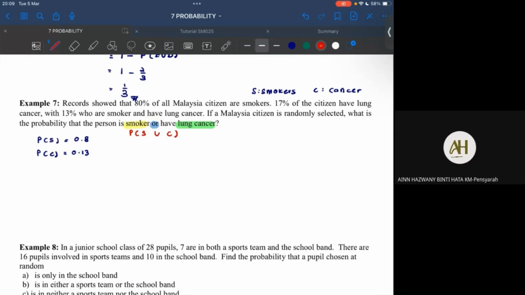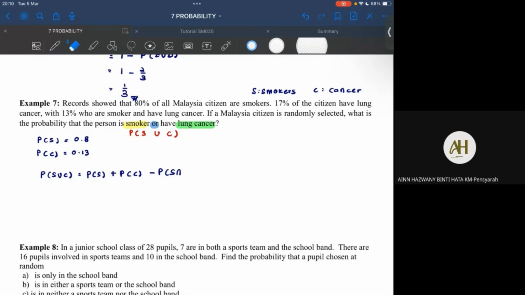Union. Okay, union. So this is what we want to find. So we want to find P S union C. Okay. So S union C, A union B, ini semua terus pergi kepada formula kita. Probability of S tambah probability of C minus probability of S intersect C.